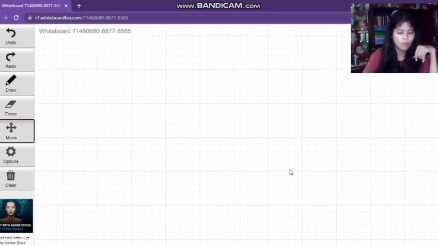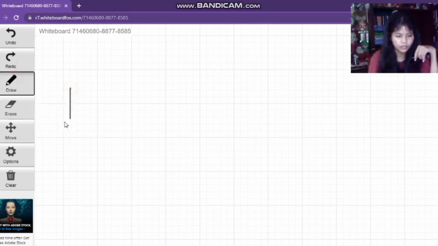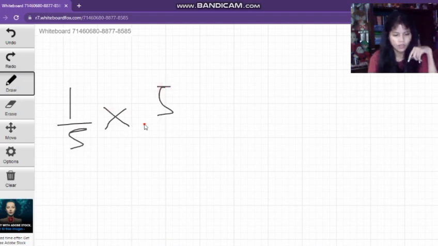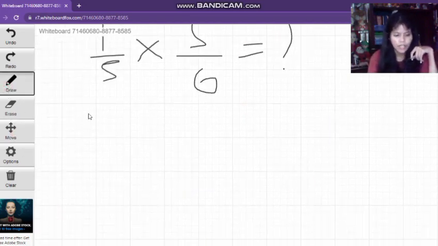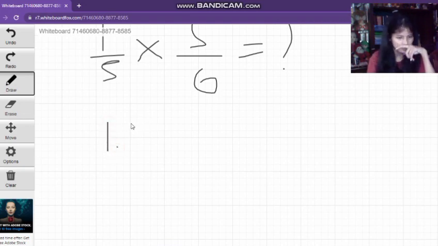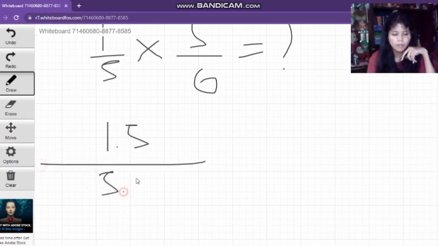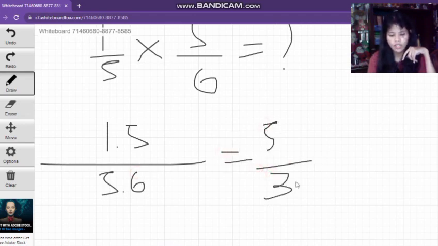Next is multiplication. For example, 1 over 8 multiplied by 5 over 6. How? Okay, we can do it like this. 1 multiplied by 5 over 5 multiplied by 6 equals 5 over 30. Just simple.